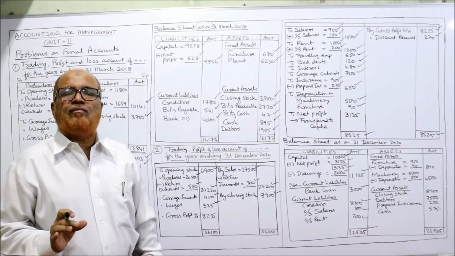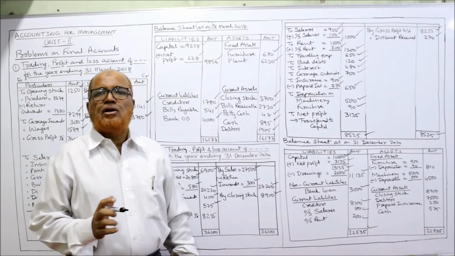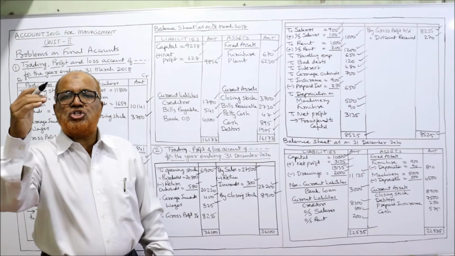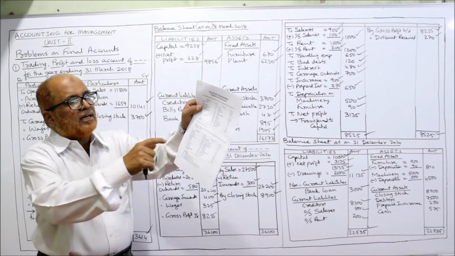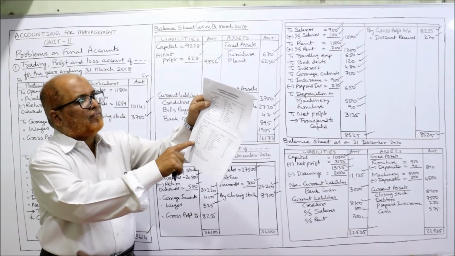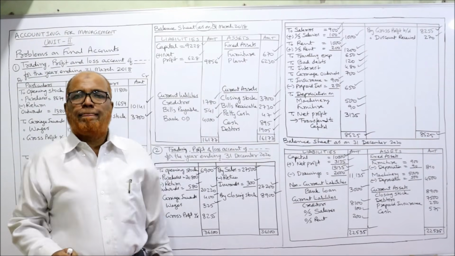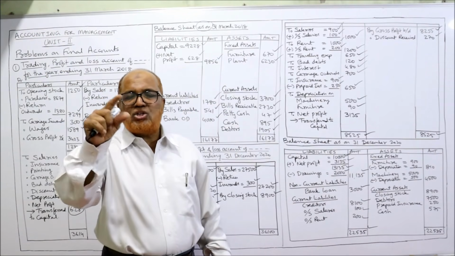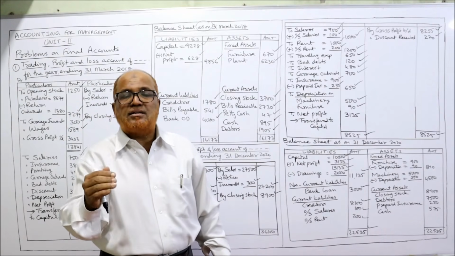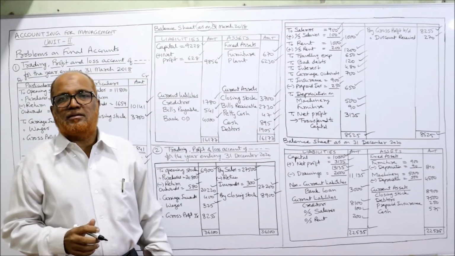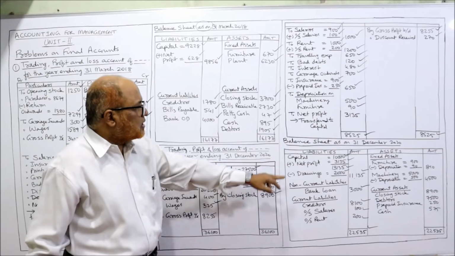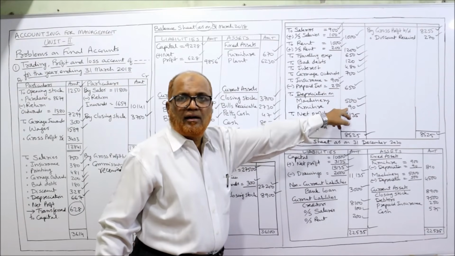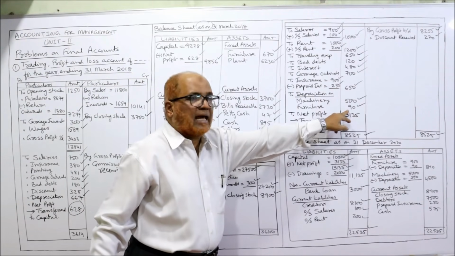On the asset side, first of all, we'll take the fixed assets. Two fixed assets are there, machinery and furniture. In the trial balance, machinery 5,000, furniture 900. From that value of furniture and machinery, deduct the depreciation provided. Depreciation on machinery is 500. Depreciation on furniture is 90.